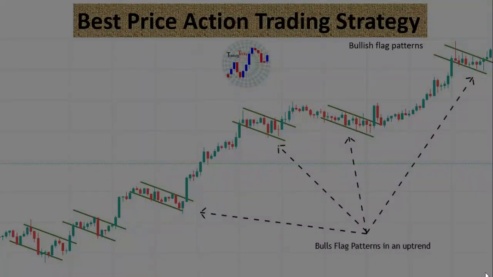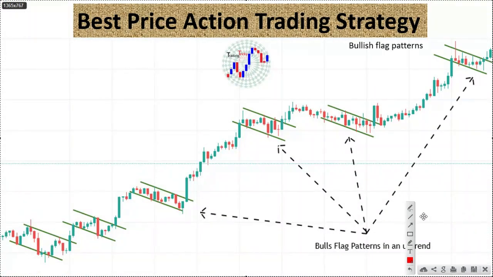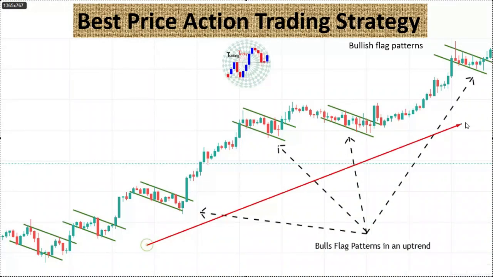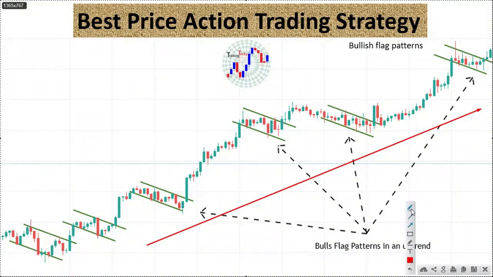As you can see in the chart, the trend is an uptrend, and here we can see some bull flag patterns. As soon as the price breaks out of the pattern, you look for a buy position.